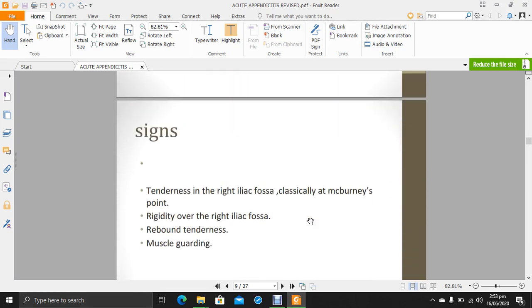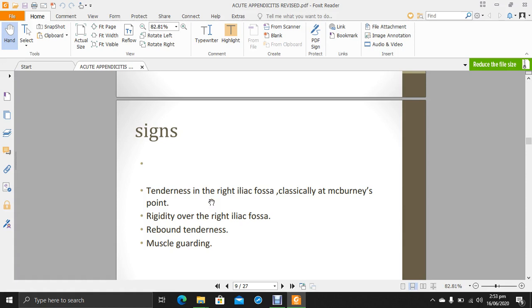As far as the signs of appendicitis are concerned, there is tenderness in the right iliac fossa, classically at the McBurney point. McBurney point is an imaginary point that lies at the lateral 1/3 and middle 2/3 of an imaginary line between the anterior superior iliac spine, right side, and the umbilicus.